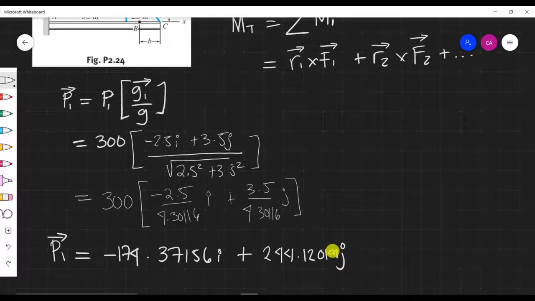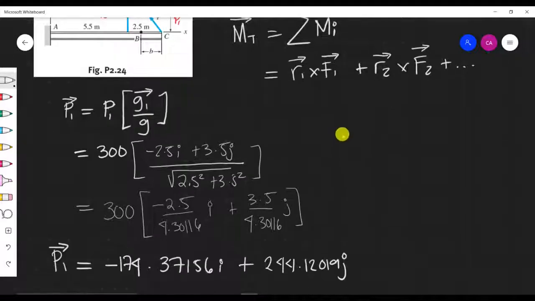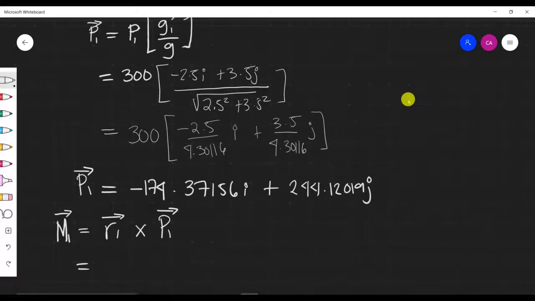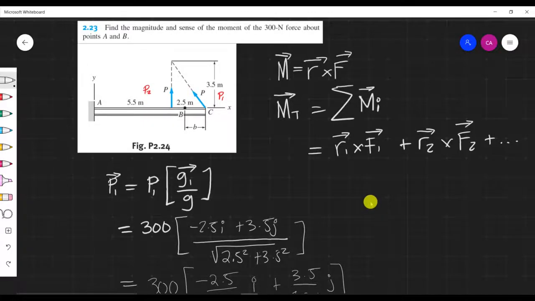Now, since yun yung vector P1, we want to find the moment 1 vector is equals to R1 vector cross P1 vector. Ang hinahanap na lang natin yung R1, which is yung R1 from point A papunta dito sa kanan.